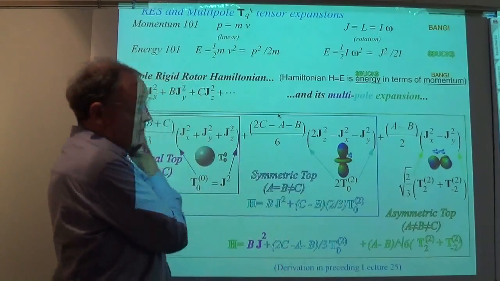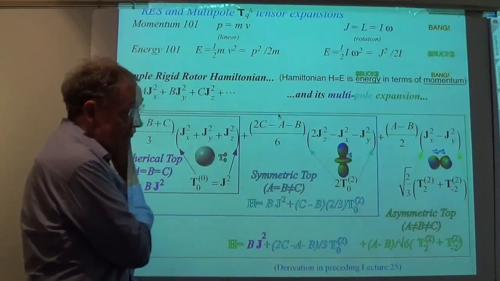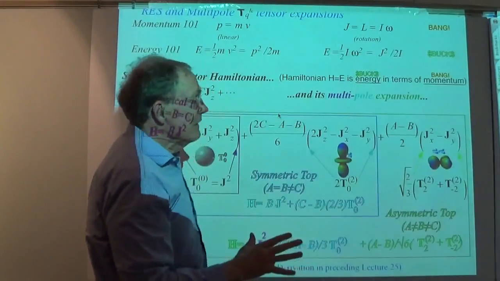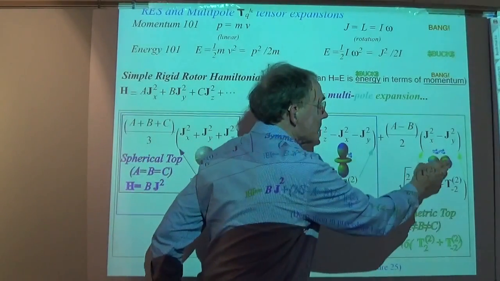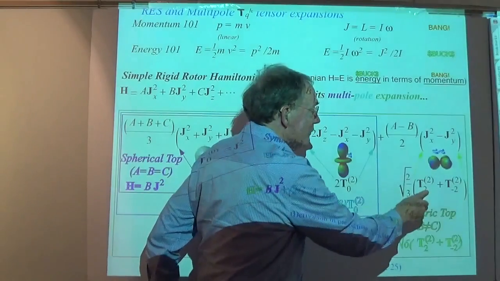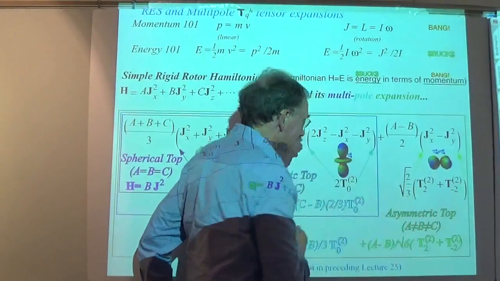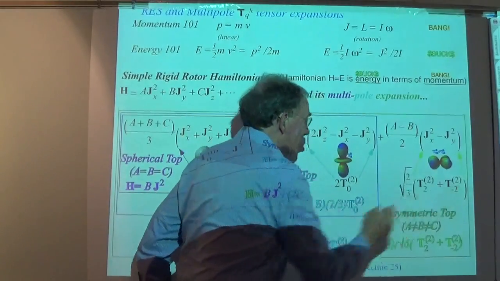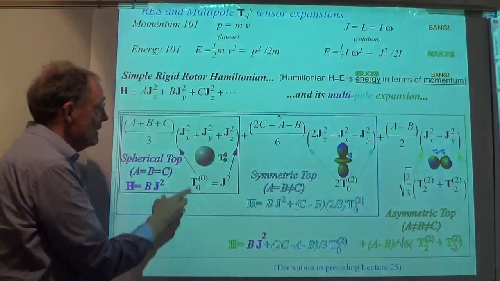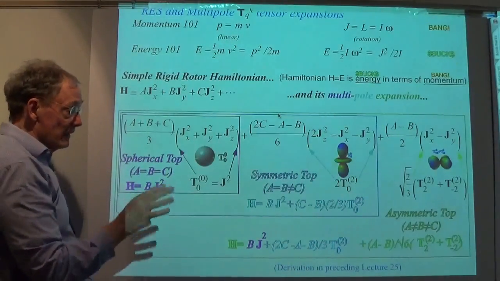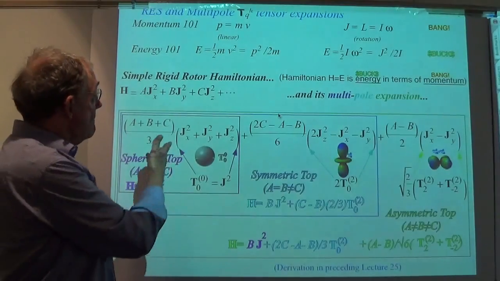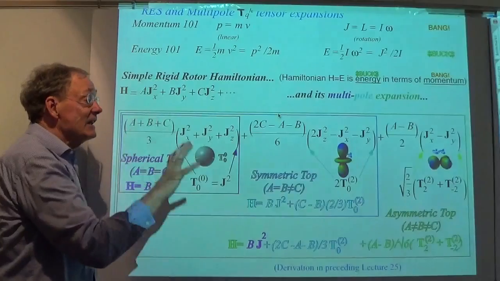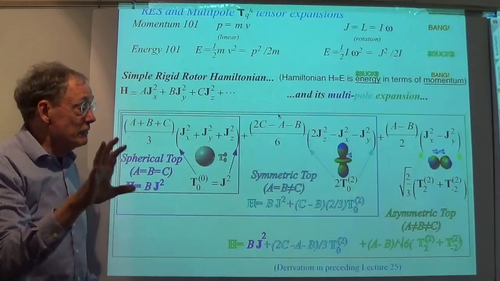And this is the tensor that you would have. But then if the symmetry is further reduced to this extreme case of being asymmetric, having all three parameters different, then you add just this particular tensor, T2 plus T minus 2. This one is T2, 0. So this, and this, but that combination plus the scalar makes up all you need to describe an asymmetric top in its eigenframe.